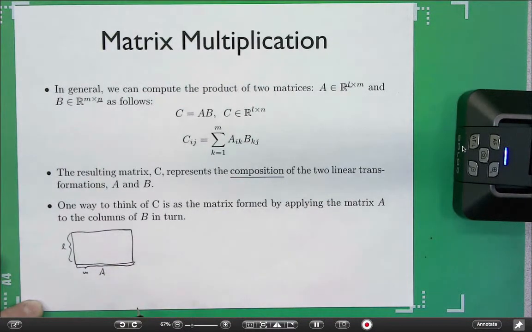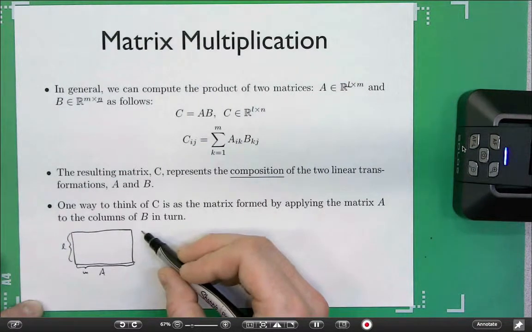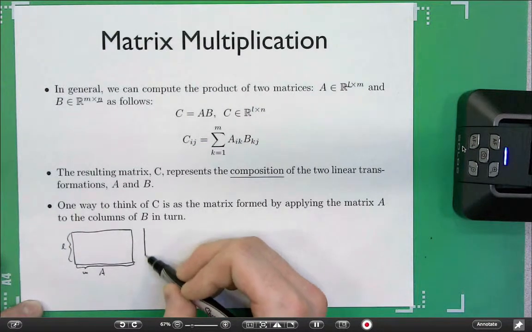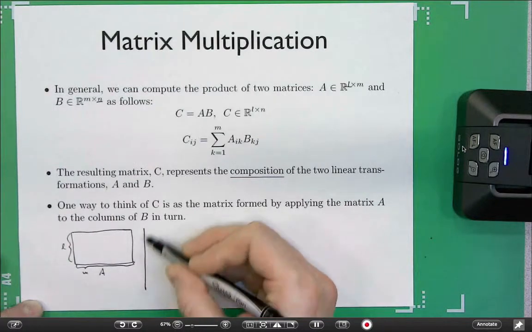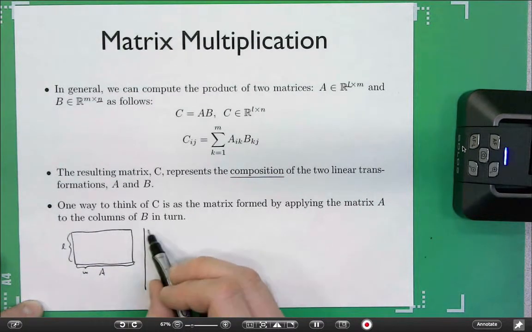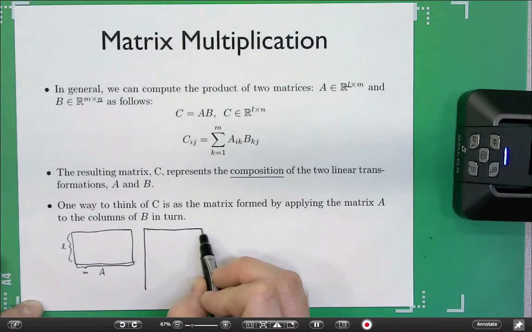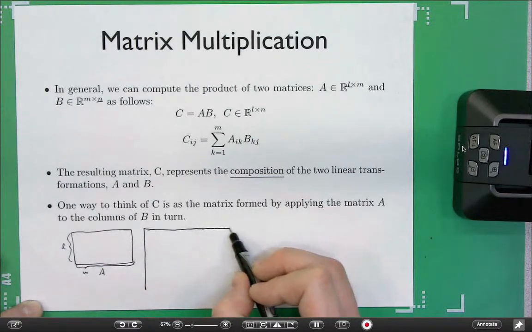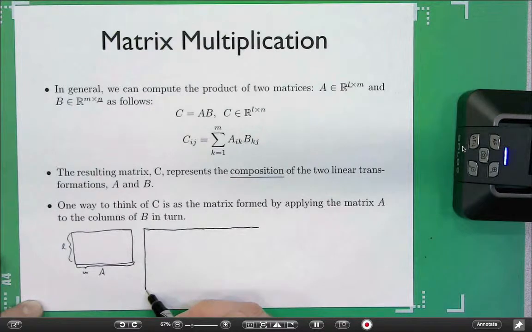And I have a B matrix, and I have to be careful because the number of rows of B has to be the same as the number of columns of A. So the length of this side I want to be the same, just to give you the right picture there. Now this side can be arbitrary, so I can make it big, for example.